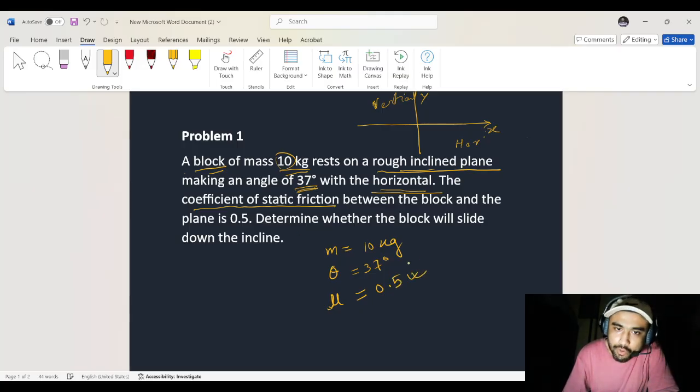So we have the value of mu, the value of theta, the angle, and the mass of the block. These are the pieces of information we already have.